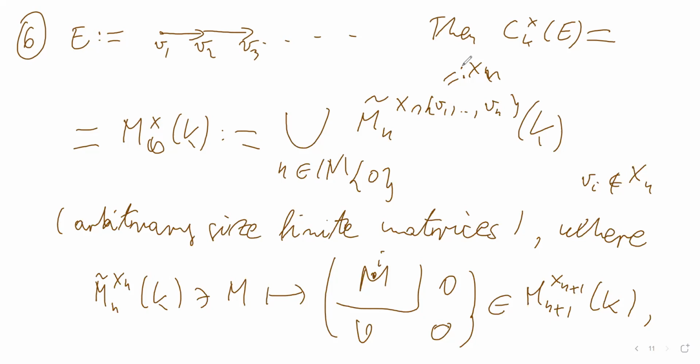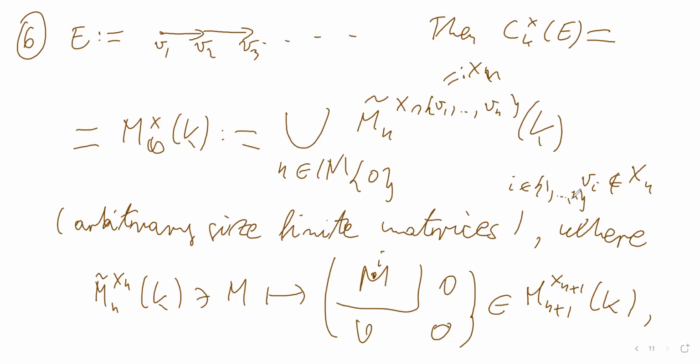So if I have an element I, which first ranges from 1 to n, and is not in xn, then it's also not in xn plus 1, right? Why?